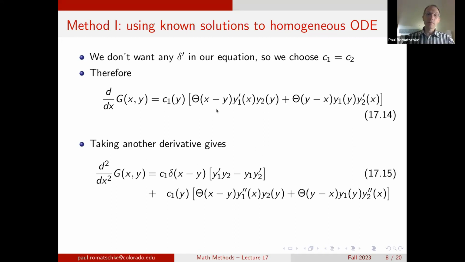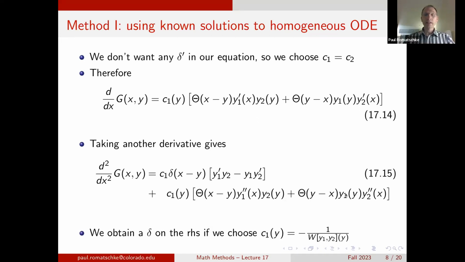So we have something where we now have the second derivative act again on the delta functions. We get a delta function, and the argument is proportional to c1 and y1 y2 prime minus y1 prime y2, and then we have the second order differential acting once on y1 and once on y2.